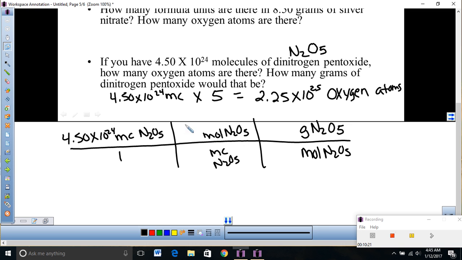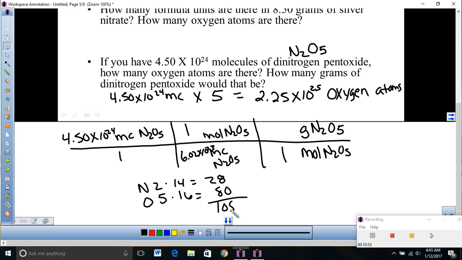Every time we have mole, it gets 1. We have two choices, Avogadro's constant and molar mass. This will get Avogadro's constant because it's not grams. And then with grams, we'll do molar mass. There's 2, and there's 5. Some of them are whole numbers, and this one has both of them as whole numbers, which makes it kind of nice.